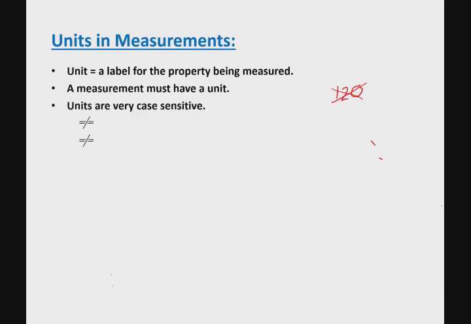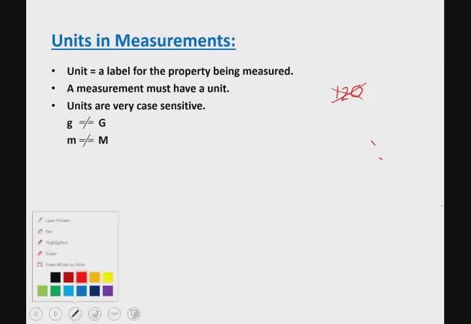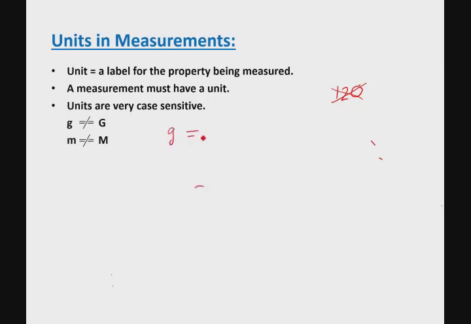Units are also very case sensitive. A lowercase g is not the same as an uppercase G, or an uppercase M is not the same as a lowercase m. A g, when we write a unit as g, is not the same as a unit gal, because g is grams but gal is gallons.